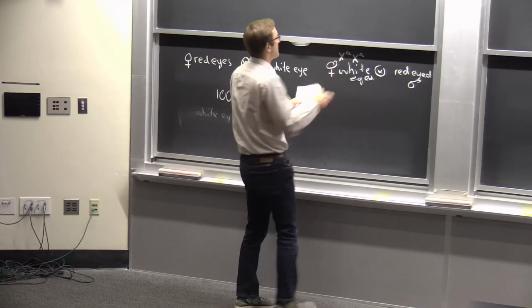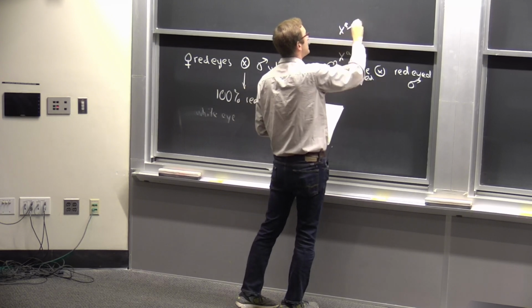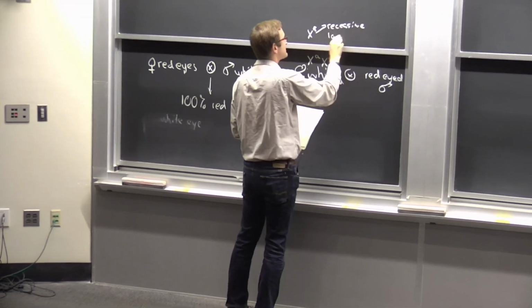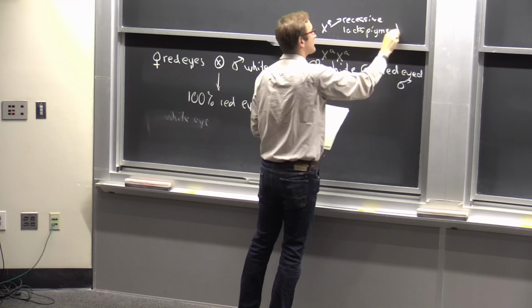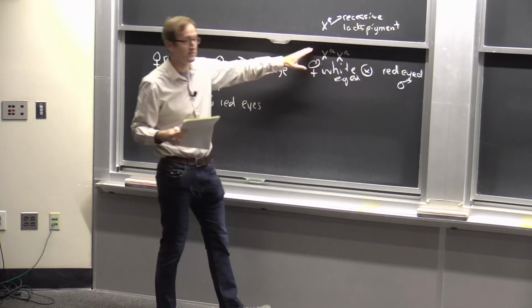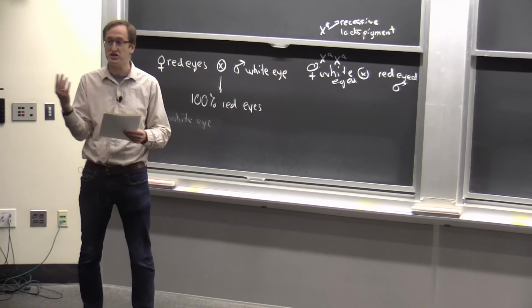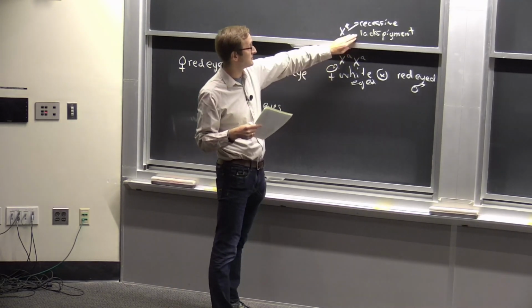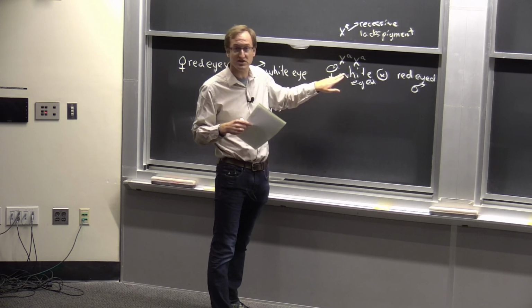And so X lowercase a here would be a recessive mutant that lacks the pigment. Okay, and because it's a recessive allele, because you need only one copy of this gene to produce the pigment, the recessive allele results in the white phenotype, therefore this has to be homozygous recessive.